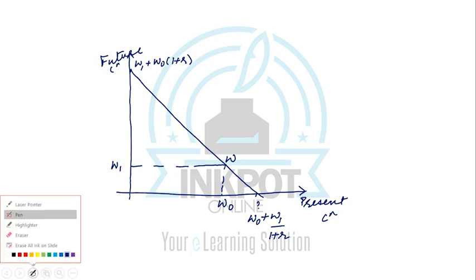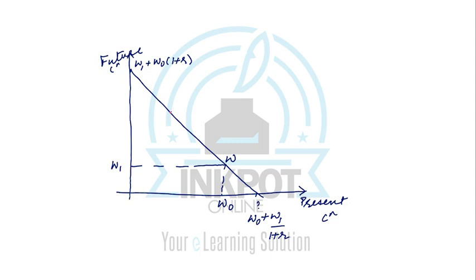Now, these are two extreme points which we know are never possible, it just makes sense to study them right now. If the consumer is consuming at point E naught, then he is consuming at point C naught. So C naught is less than omega naught, which means this person is a net saver or a net lender.